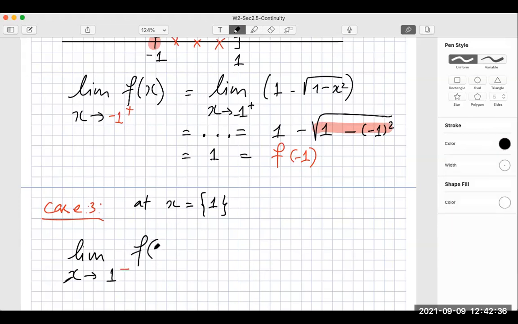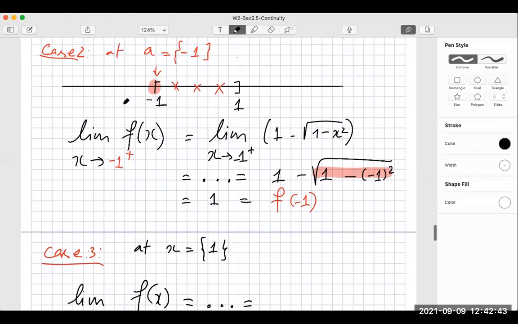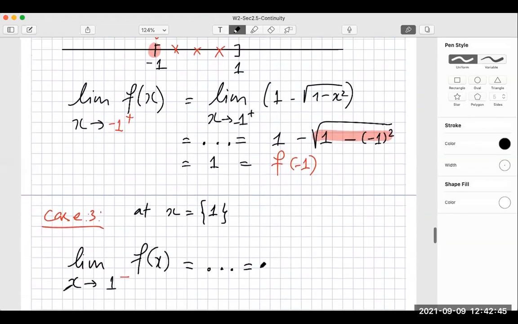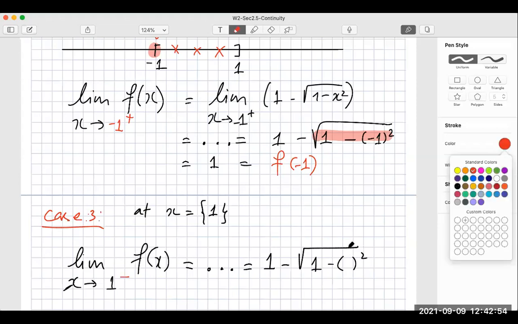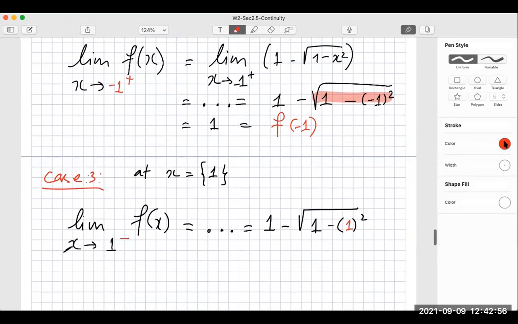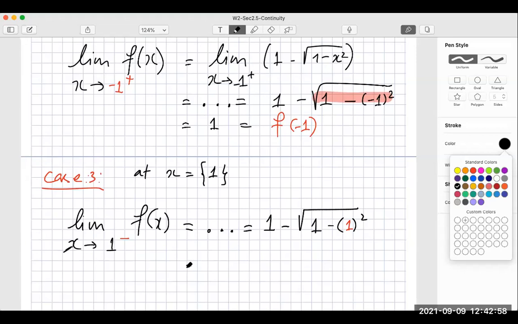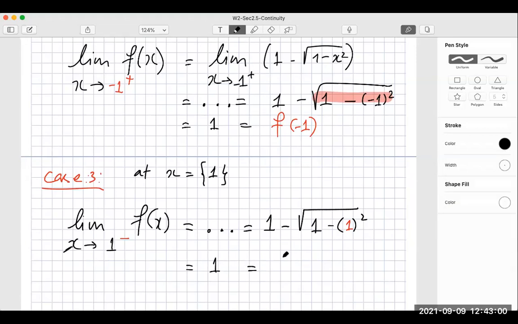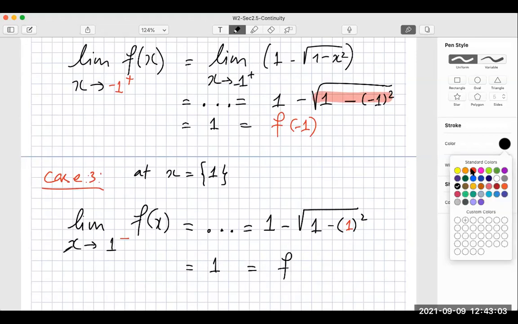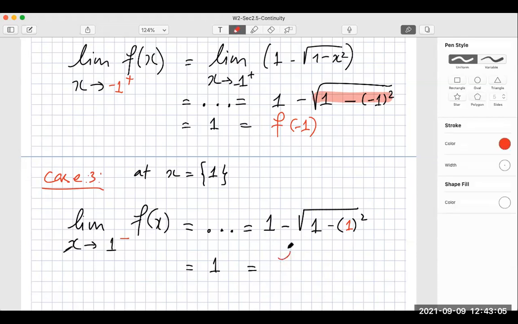Then we do the same things, do some algebra, apply some limit laws. And in the end, what is it here? Yes. Good job. Anyway, it will be 1, and it is exactly the evaluation of the function at x equal to 1. Okay.